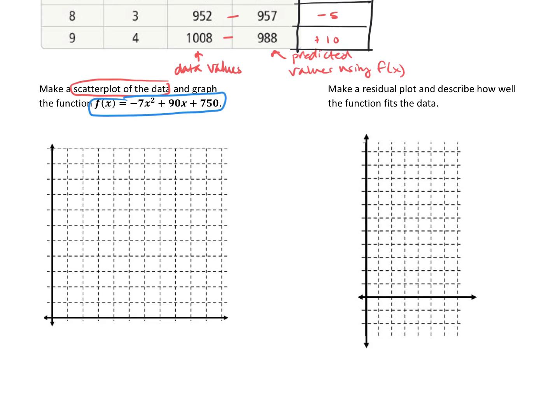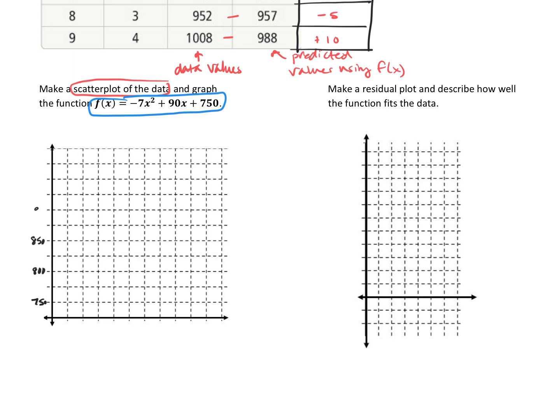So I'm going to count by 25s, and I'm going to start at 750. If it will let me. There we go. Counting by 25s, that puts 750, 775, here's 800. If I go up 2 more, I'm at 850.